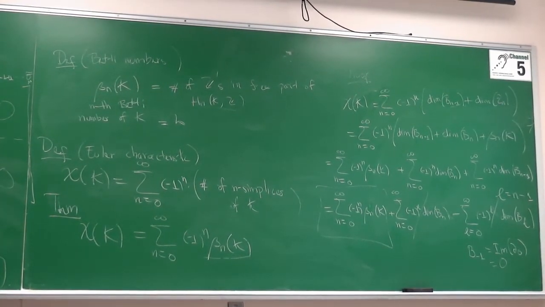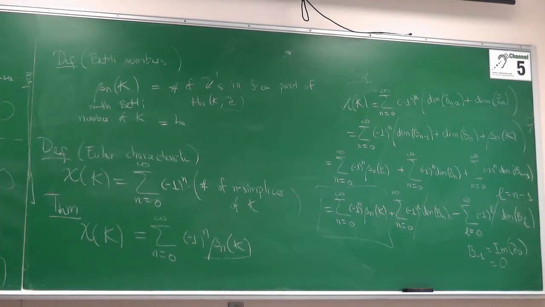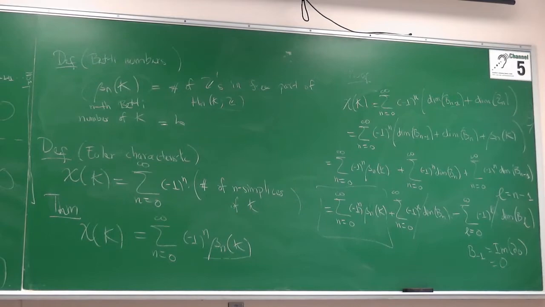Okay, so I want to switch gears a little bit. I'm going to give you a final theorem, and then I'm going to show you some applications of these invariants. In particular, we're going to see some applications of computing Betti numbers for real data, and some applications of that to neuroscience.